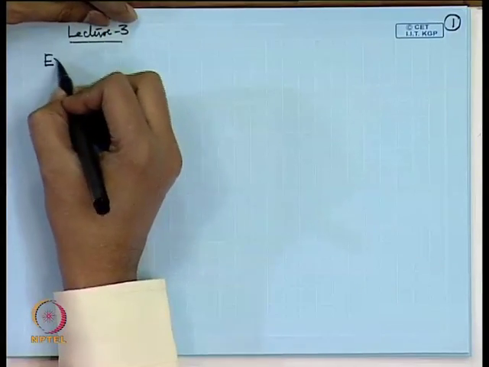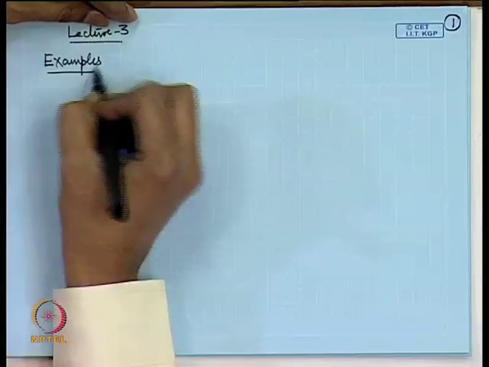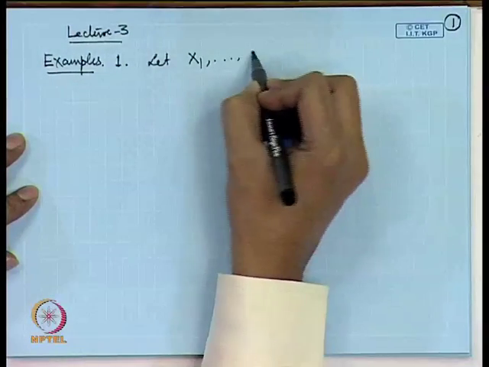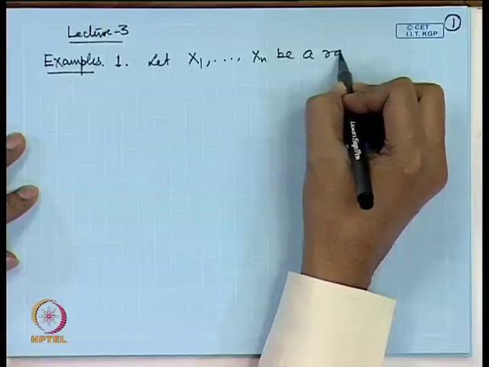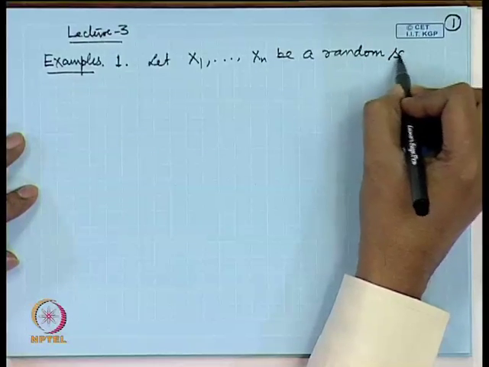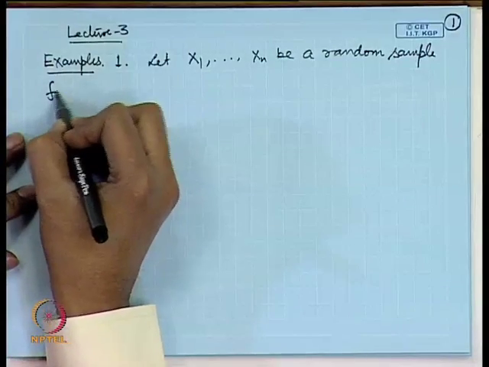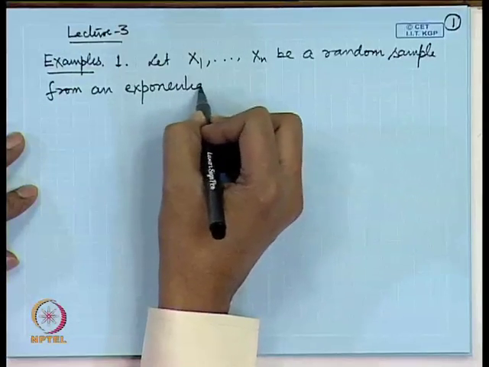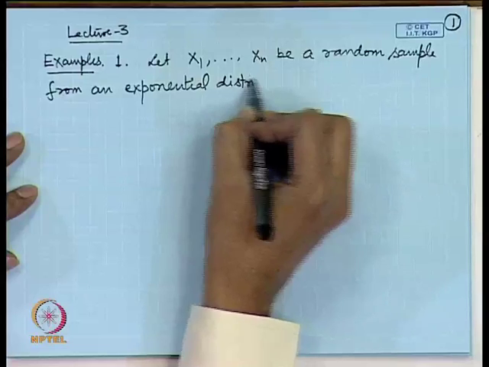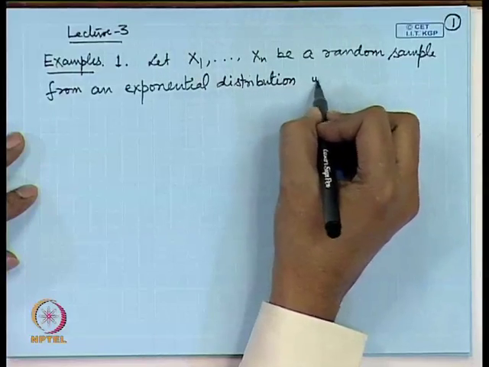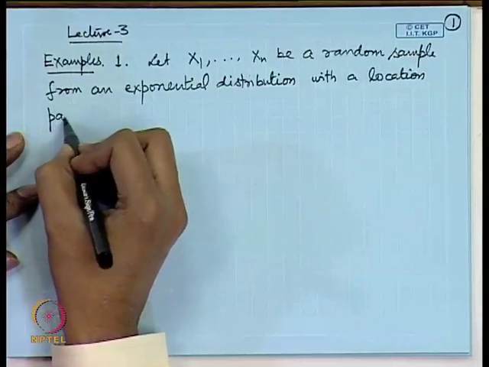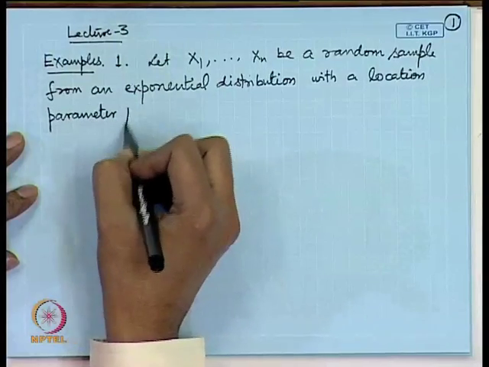So, let me give a few examples. Let us consider, say, X_1, X_2, ..., X_n to be a random sample from an exponential distribution with a location parameter mu.